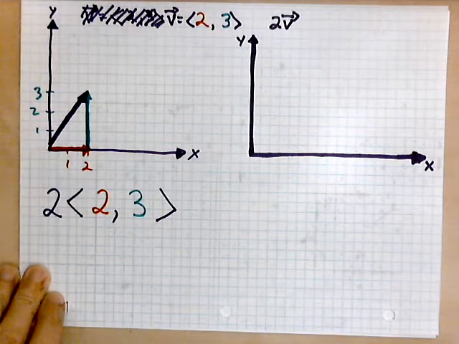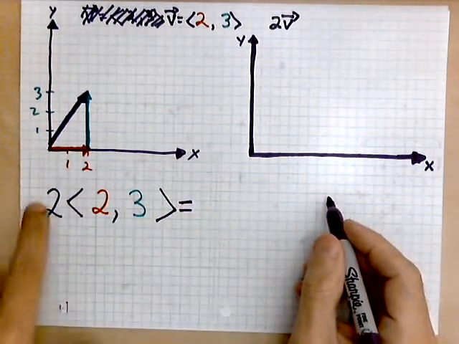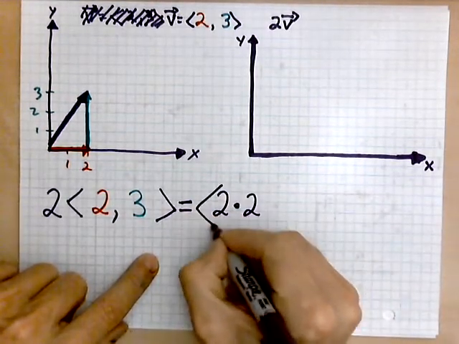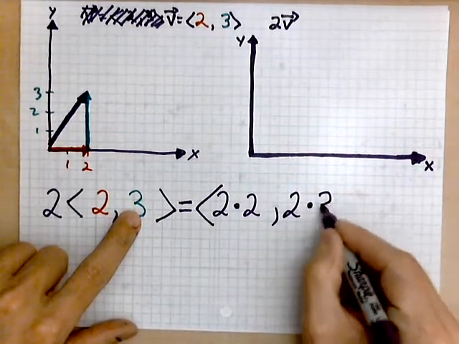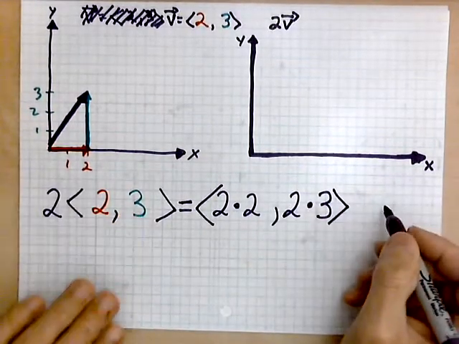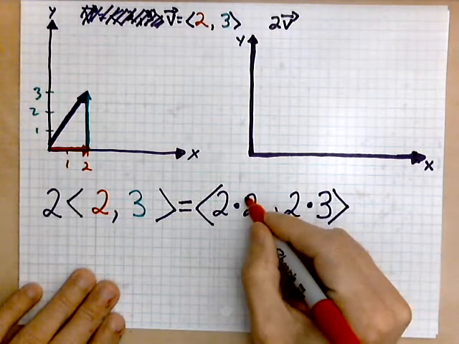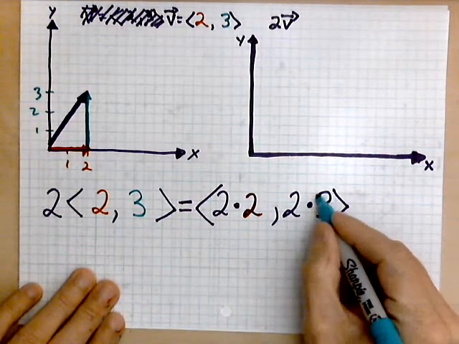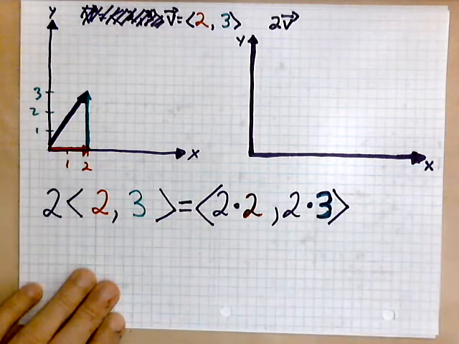Once you do this, you end up with the following. 2 times 2, so that gives this. You're distributing that inside, and then 2 times 3 gives this. Okay? So let's make it a little red. Let's make the 3 here a little bluish. There we are. So it looks like this.